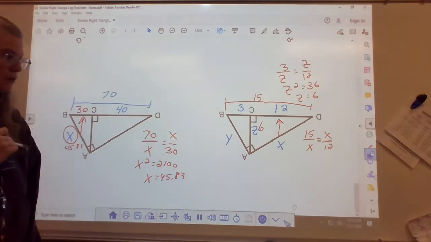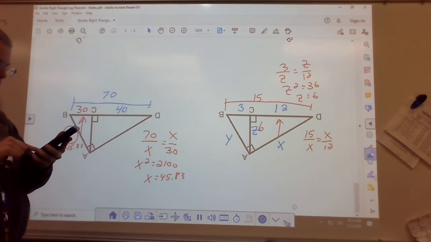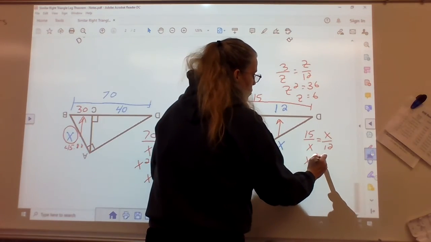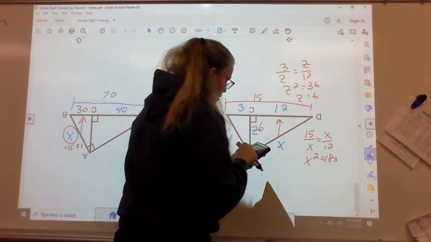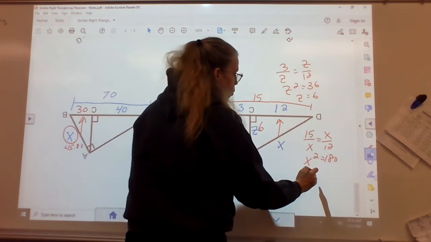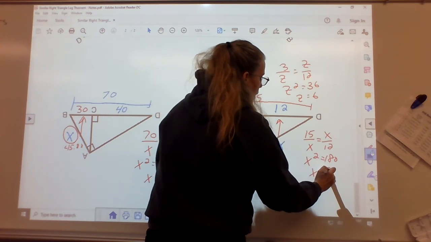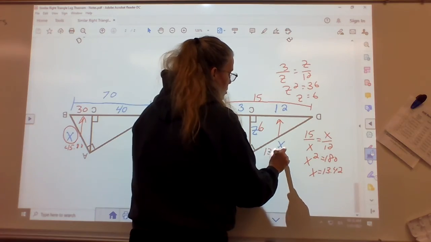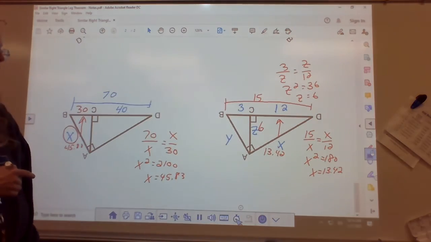There is my setup. 15 times 12, 180. So x squared equals 180. Take the square root of 180. I get 13.42. That's this segment there.